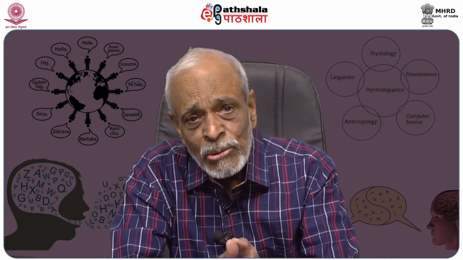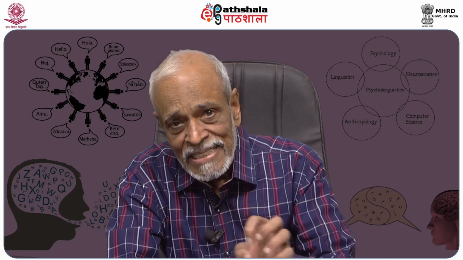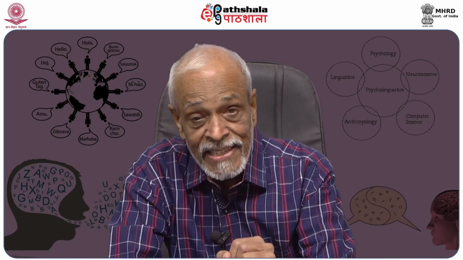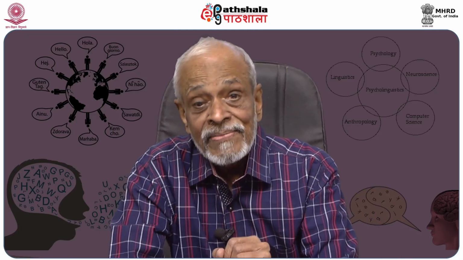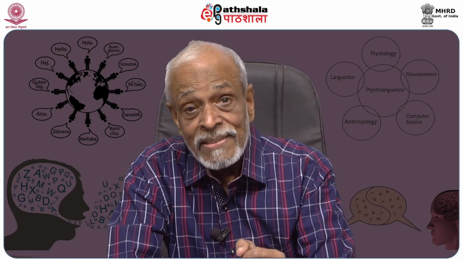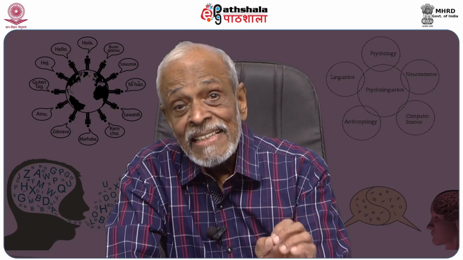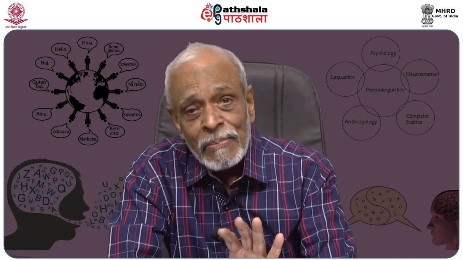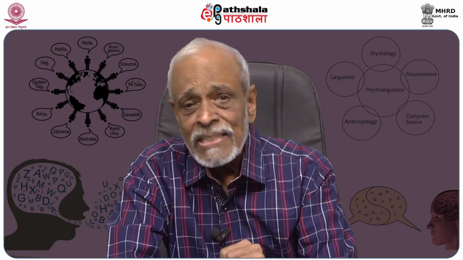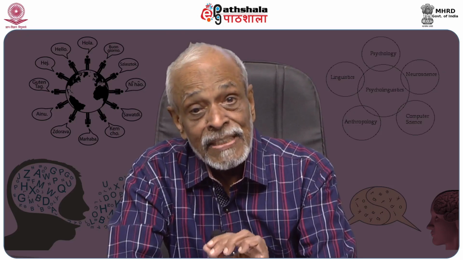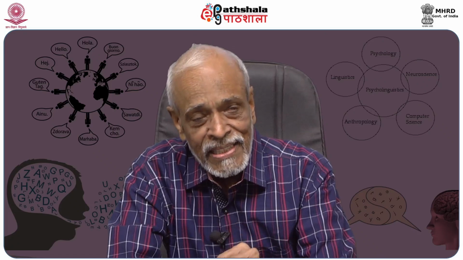So the V to T movement, the verb raising to the tense head, is a necessary movement, at least in many languages. There are certain languages in the world where the tense does not affix to the verb, but that's a different matter. Okay? In English and in Indian languages, most of the world's languages, the verb does raise to tense.